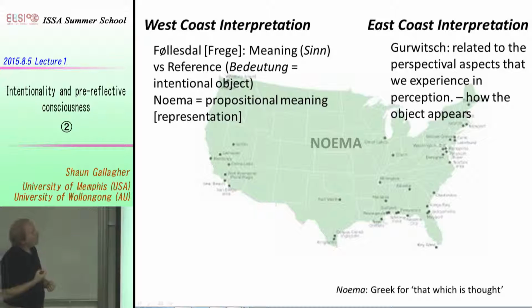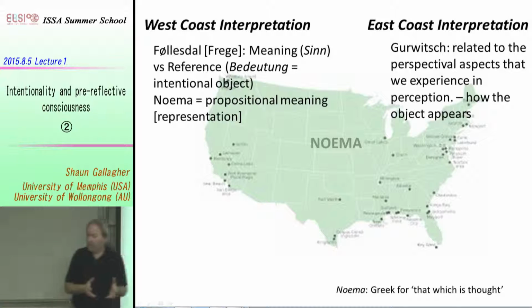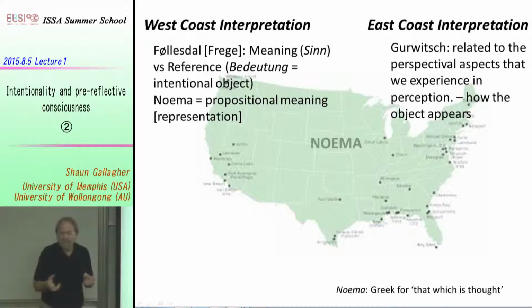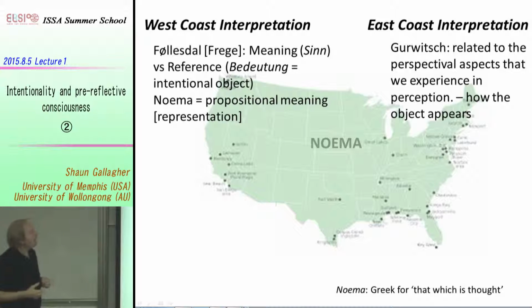And what Føllesdal proposes, based not so much on the perceptual model, but more focused on judgment, where a judgment takes the form of a proposition. I judge that the tree is out there or something like that. The noema is, for him, the propositional meaning of a judgment that we can make based on our experience.